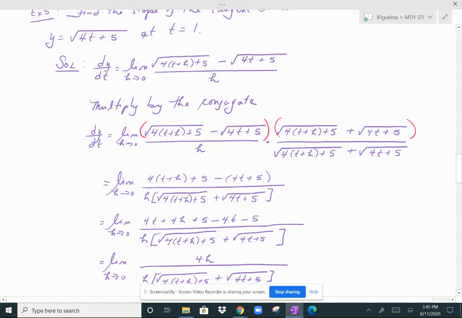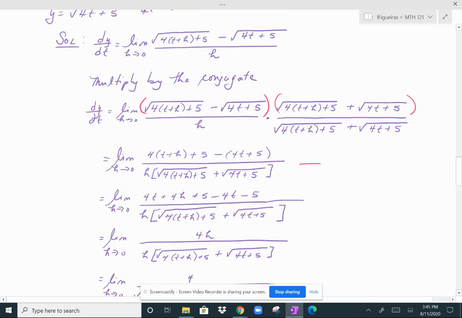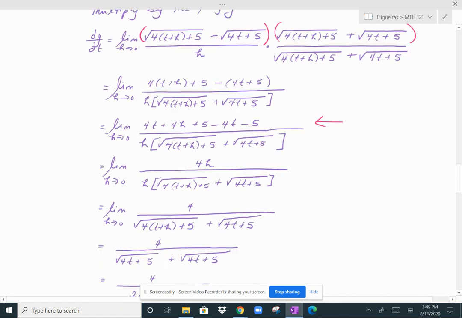So I get this expression here. Then on top, there's some distributing to do, so you end up with this line here. The numerator cancels except for the 4h. And then at this point, the h's cancel, so that h cancels with that h, which avoids that whole issue with division by 0.